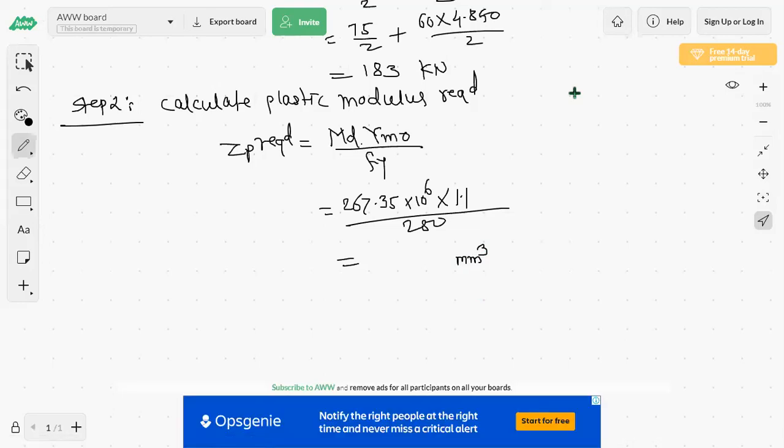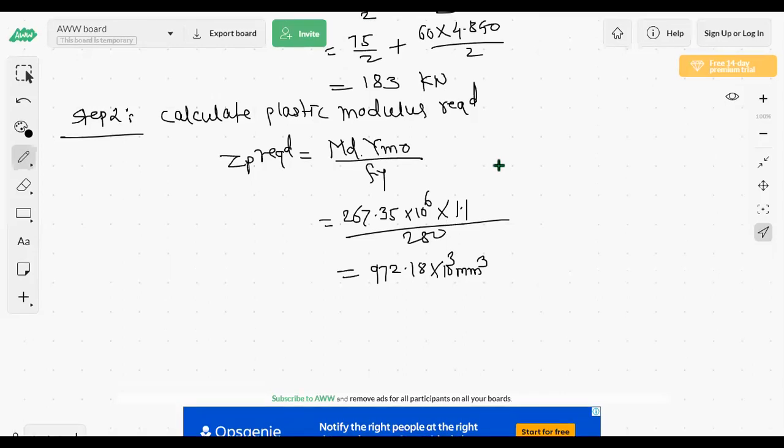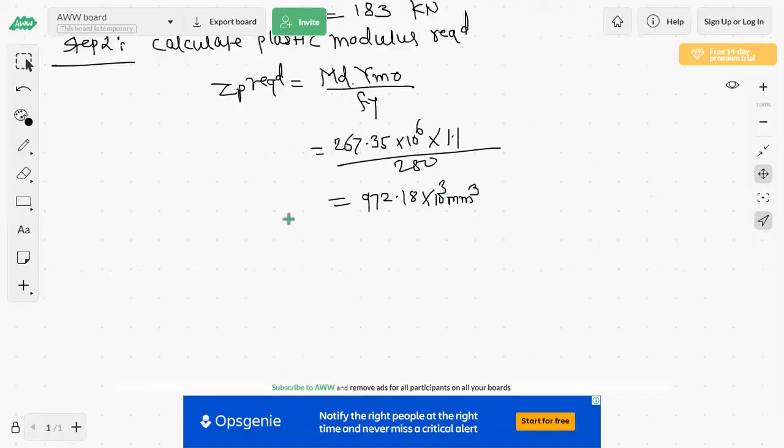Is this correct? 972.18 into 10 raised to 3 mm cube. Correct. Okay. So we have to calculate first ZE now for this. So ZE required is equal to ZP divided by 1.14.